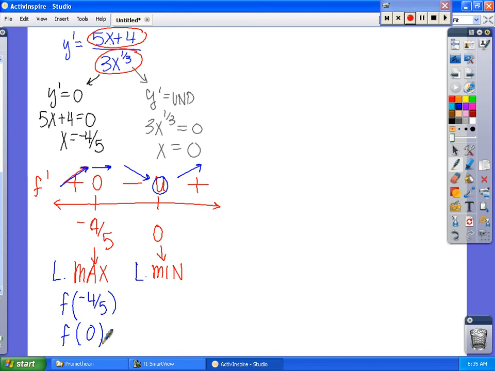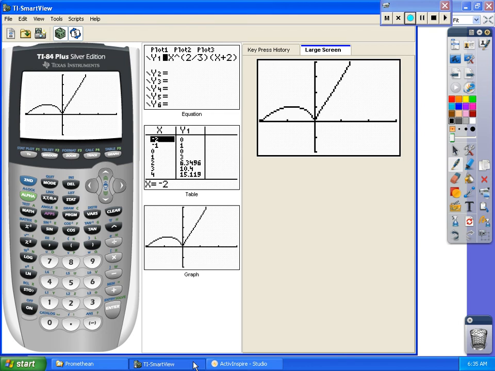If we remember what our original function said, that was x to the 2/3 times x plus 2. So at 0, I know the function value is 2. At -4/5, I am not going to substitute that in this way. I'm going to go ahead and use my calculator and go into y equals. We have everything written.